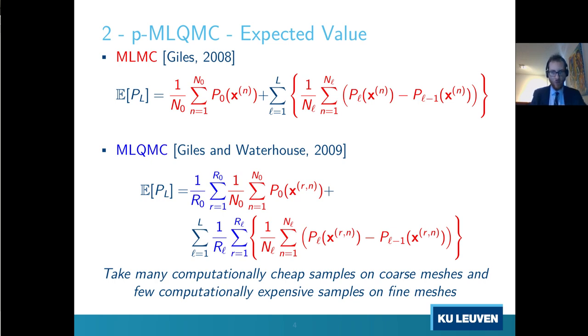For multilevel Quasi-Monte Carlo in the second equation, you see there is a blue term being added. This relates to the number of random shifts that you need in order to recover adequate computation of the variances, because with Quasi-Monte Carlo you're dealing with deterministic sample points. So in order to introduce some sort of randomness in it, you use these random shifts.